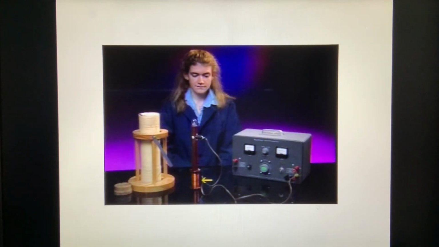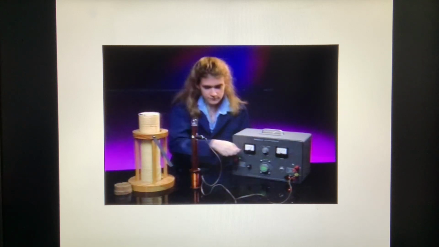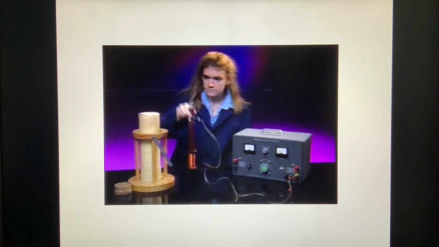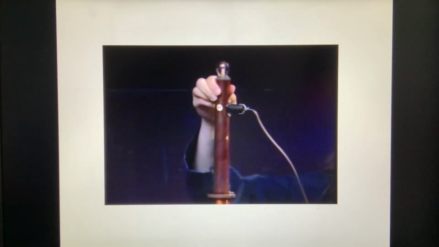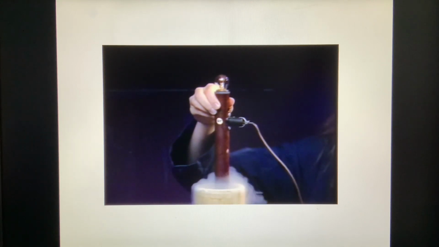This coil of copper wire in series with this lamp will be used to show the effect of cooling on electrical resistance. We run a small current through the coil and the lamp, which lights dimly. When the coil is cooled by dipping it into liquid nitrogen, the brightness of the bulb increases dramatically.